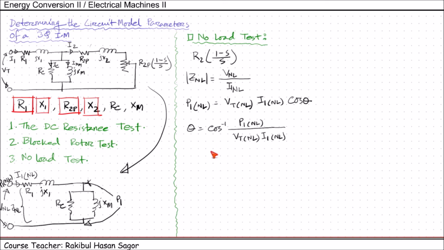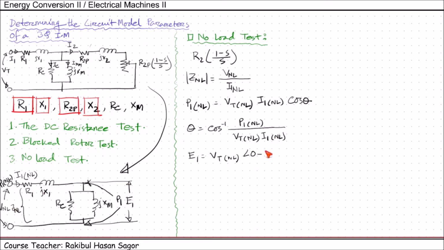Again, suppose the voltage across this terminal is considered as E1. So E1 can be written as V terminal under no load condition at angle 0 degrees minus the voltage drop; that means this voltage minus this voltage drop will give us this E1 value.